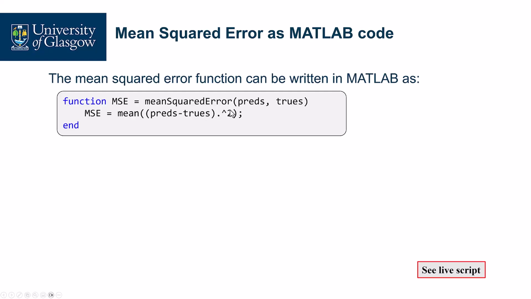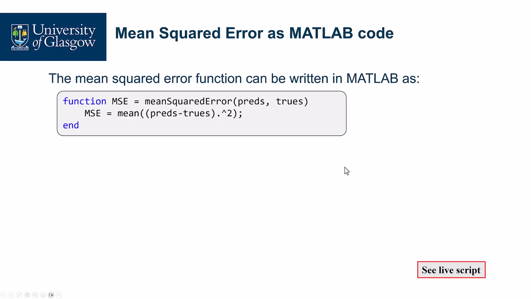Then dot power 2 raises each of them to the power of 2. Then I don't add them together and divide; I use the mean function, a MATLAB built-in function. You can see that in one line, this function is written. And this runs faster than using the for loop. So this should be paid attention to in your future programming: make use of MATLAB's strengths.